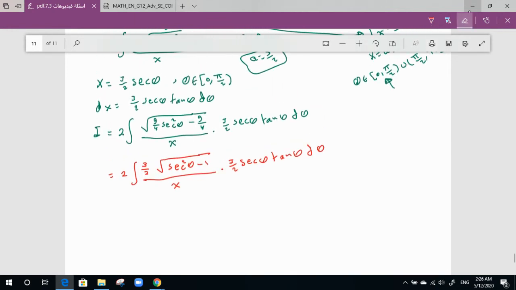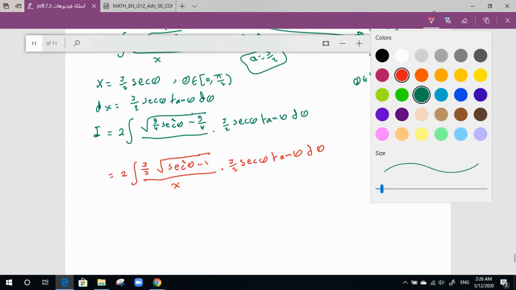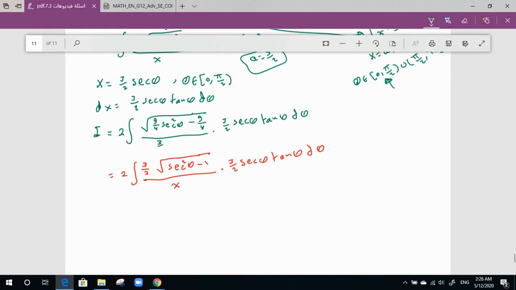X, I must also replace it by the value of x. Sorry about that. X is 3 over 2 sec theta. And also in this step, x is 3 over 2 secant theta. So now I have a cancellation of 3 over 2 sec theta with 3 over 2 sec theta.